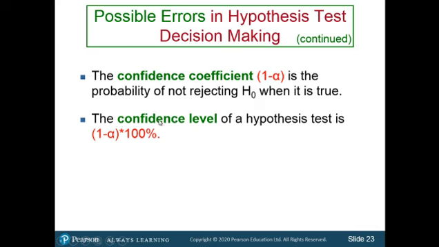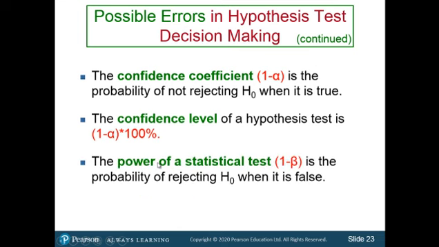We have the confidence level of a hypothesis test when we multiply 1 minus alpha times 100%. And the power of a statistical test is calculated using 1 minus beta, and it is the probability of rejecting the null hypothesis when it is false.